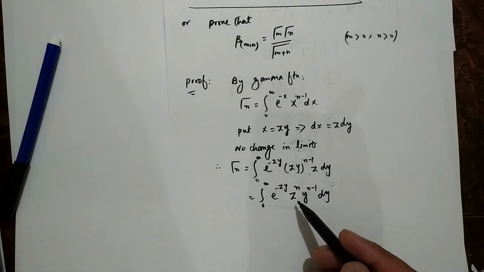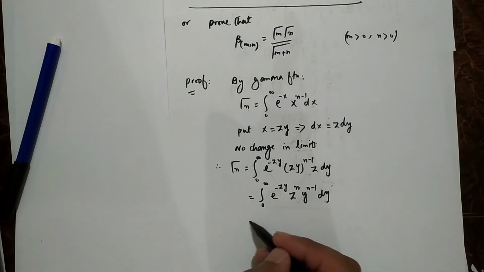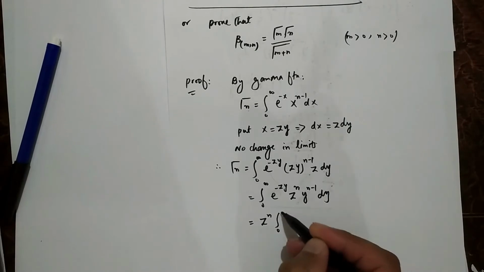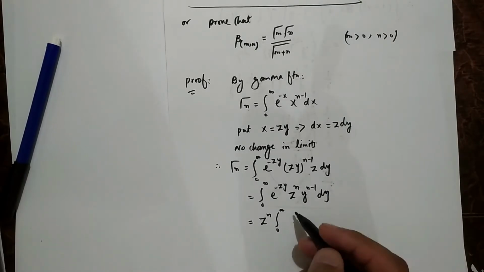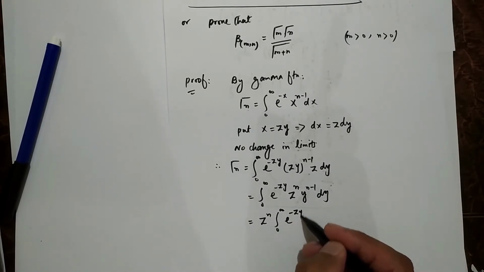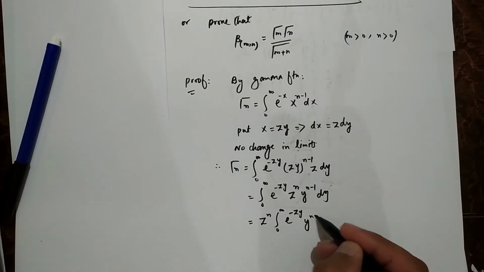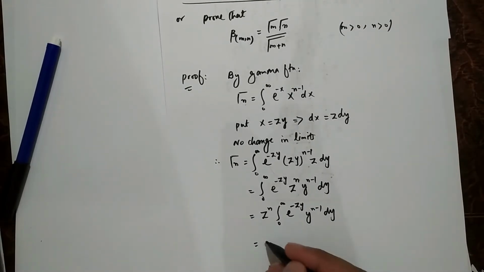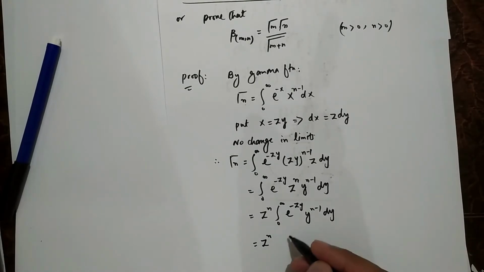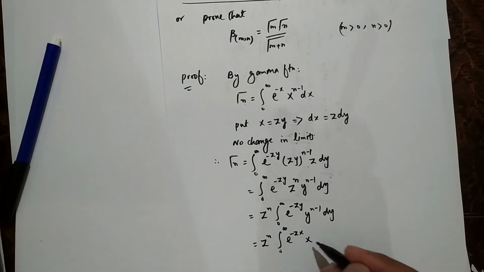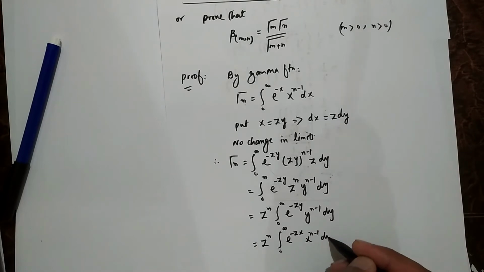Bring this z to the power n out of the integral, so it will be z to the power n into integral 0 to infinity e to the power minus zy, y to the power n minus 1 dy. And we can also write it as z to the power n integral from 0 to infinity e to the power minus zx, x to the power n minus 1 dx.